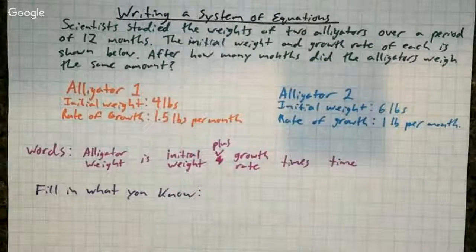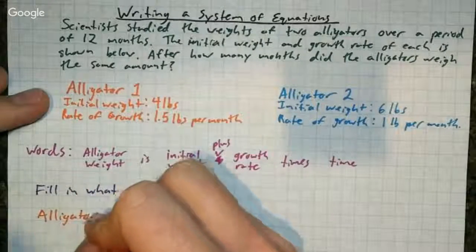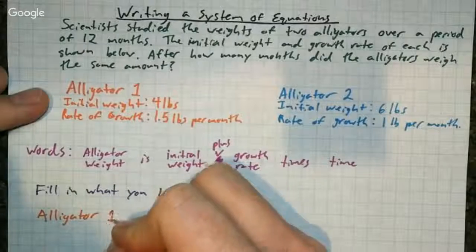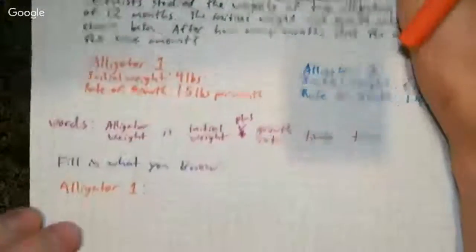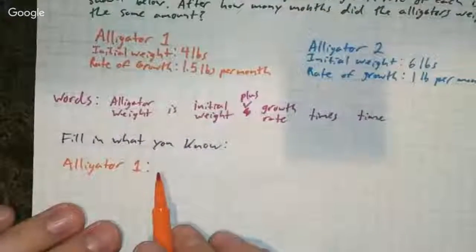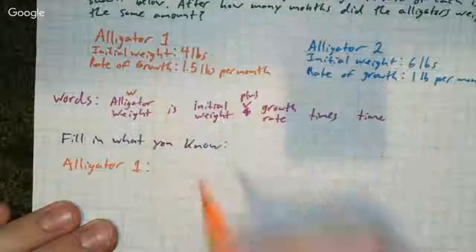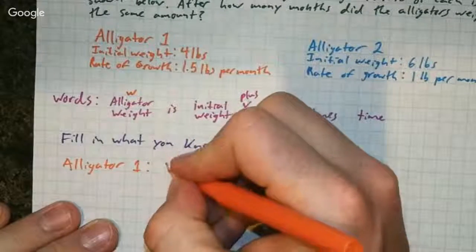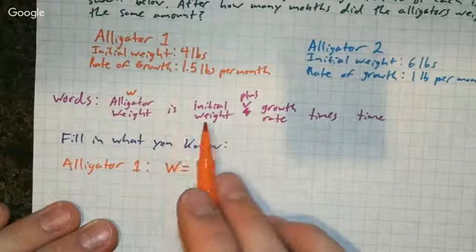Okay, so let's start with alligator 1. Do we know what it weighs right now? No, we don't. So alligator weight is going to be our variable. W equals, the initial weight.